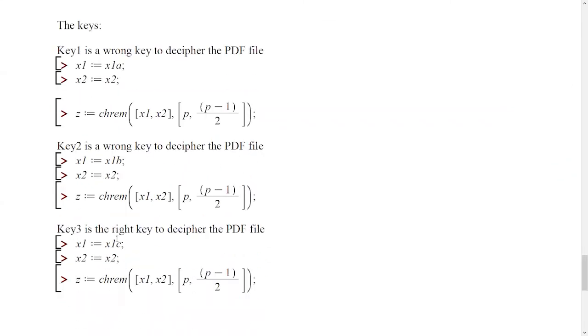And you can compute key 3 with the third value of x1. And with this value, you are able to decipher the PDF file. Okay, that's because we have chosen K1P as minus P1.